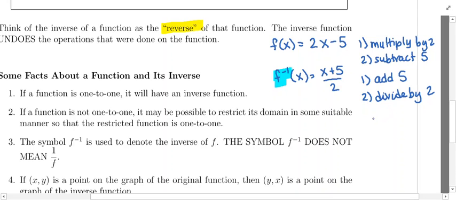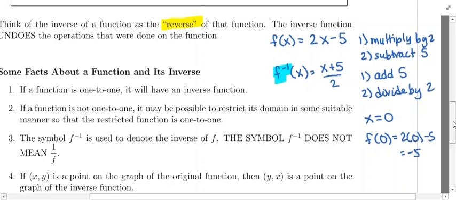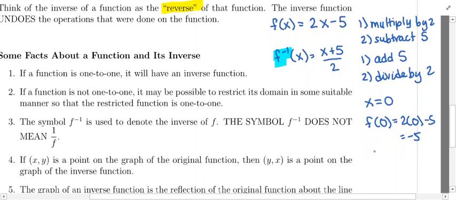You can kind of see it better if you plug a number in. Like if I say x is 0, then f of 0 is equal to 2 times 0 minus 5. That's -5. And then if that becomes my x value and I plug this -5 into the inverse function, that's going to give me (-5 plus 5) over 2.